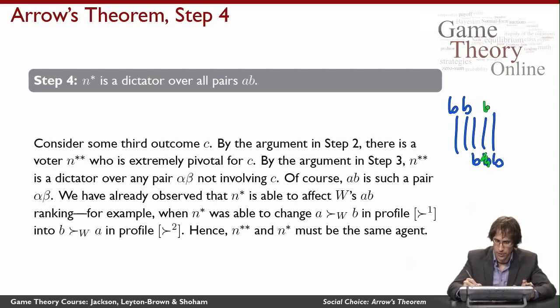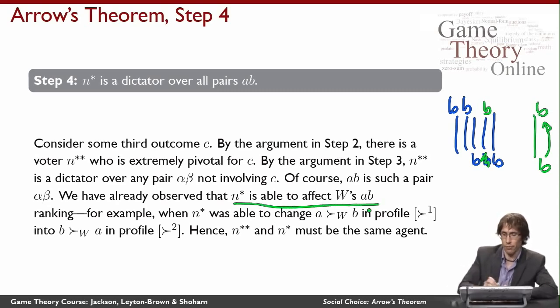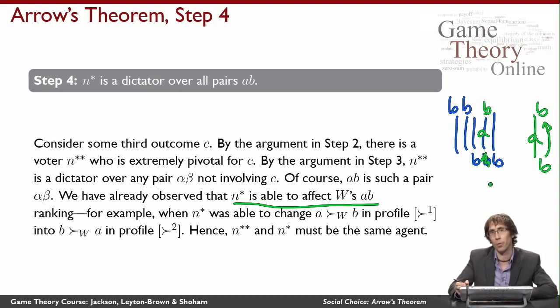And then we move it up to the top. We saw that that caused the social welfare ordering to take B and move it from the bottom to the top. And that means that n star is able to affect the relative ranking between A and B, because wherever A is, it's somewhere in the middle here in the social ordering, and so the relative ranking between A and B got affected by what n star declared here, by this change that only n star made.